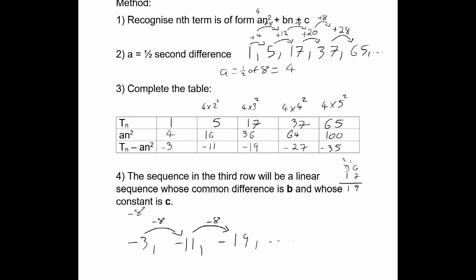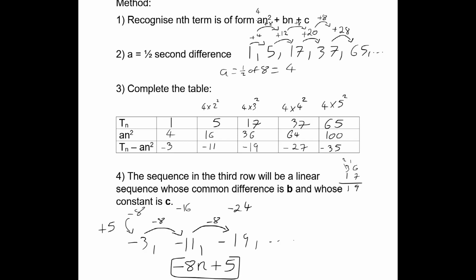If we consider minus 8, minus 16, minus 24, to get from minus 8 to minus 3, we need to add 5. So the nth term for that last row, that linear sequence, is going to be minus 8n plus 5. Minus 8 plus 5 is minus 3. Minus 16 plus 5 is minus 11, and so on.